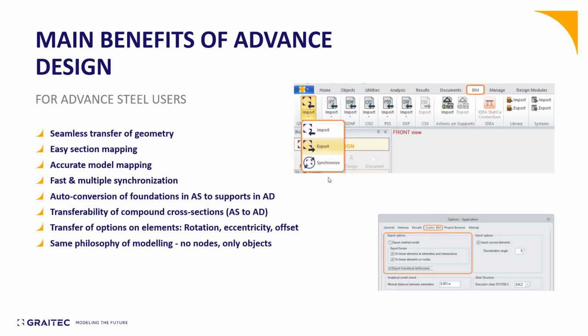The other main advantage of Advanced Design is the philosophy of modeling, how you create your models. There are no nodes, you only create your objects. It's much easier and faster to model your geometry, in case you want to modify something or create your model in Advanced Design directly.